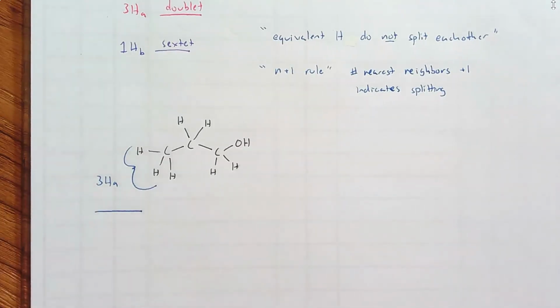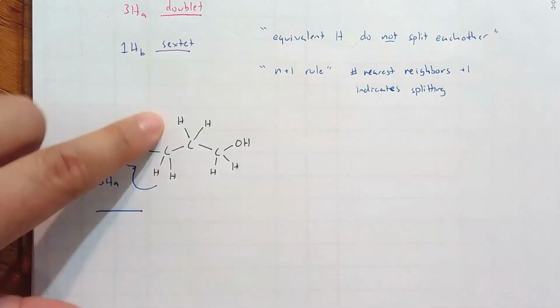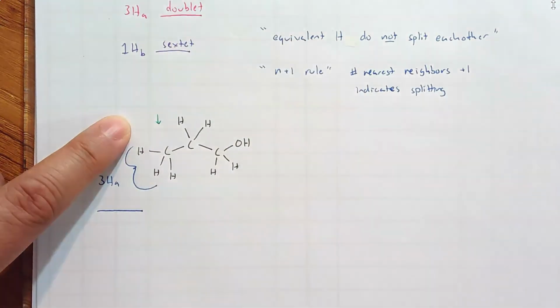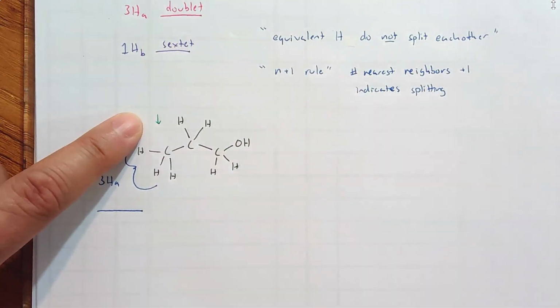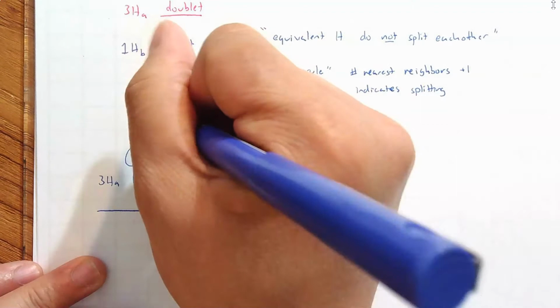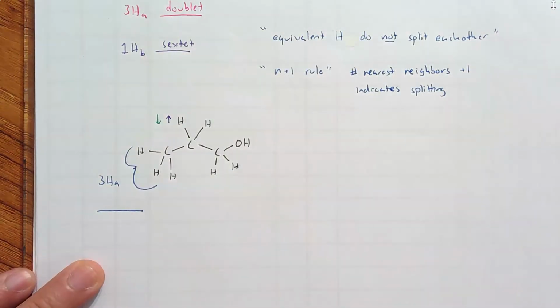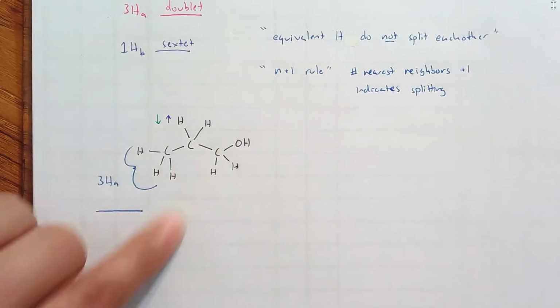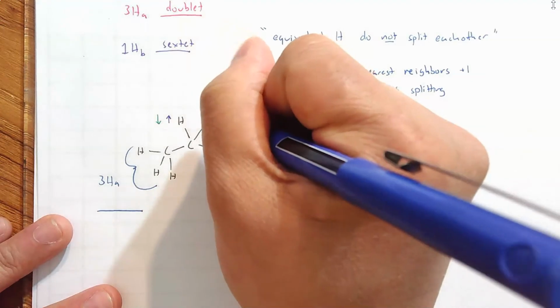Well, look at this. This hydrogen here, half the time it has a mini magnetic field against the external, half the time it's with the external. But we have a second hydrogen living in the same house. So half the time it's like this, going down, the other half is this.